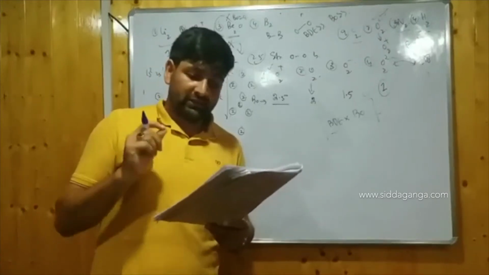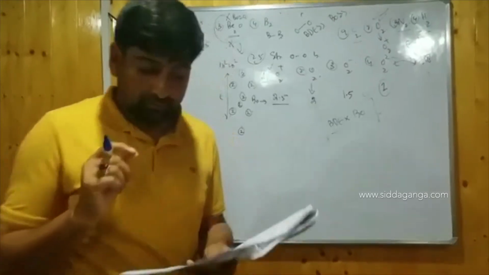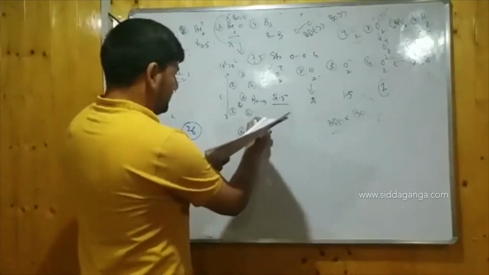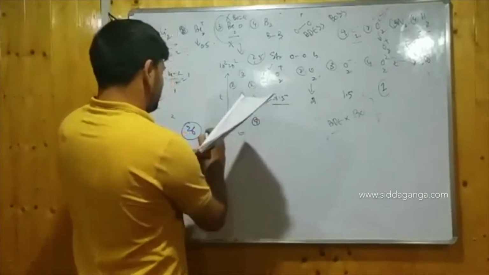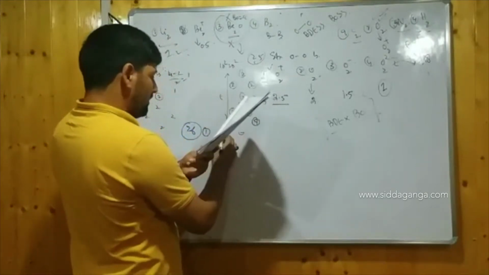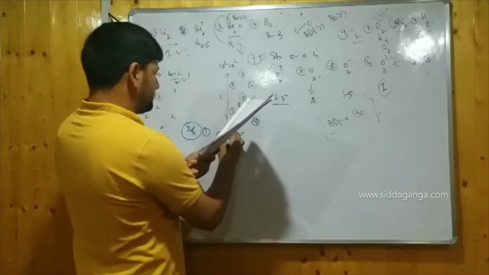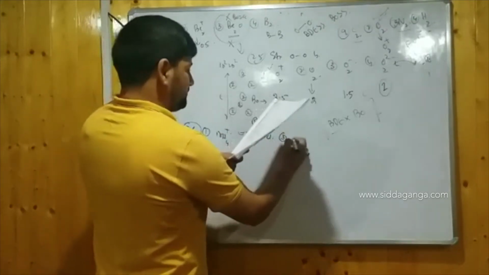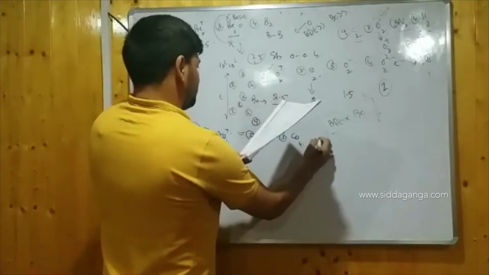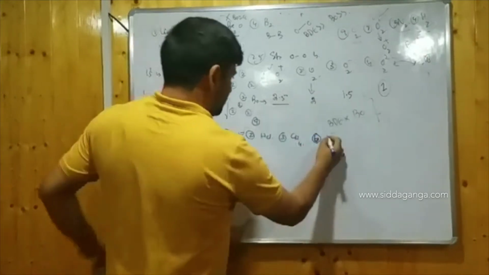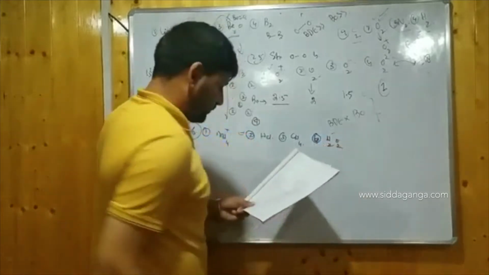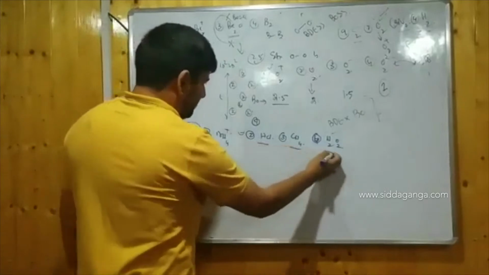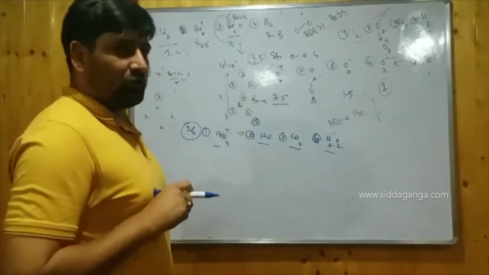Your options are: option 1 is NH4 plus, option 2 is HCl, option 3 is CH4, and option 4 is H2O2. This is the question asked. Now we are asked which of the following molecules contains both polar and non-polar covalent bonds.